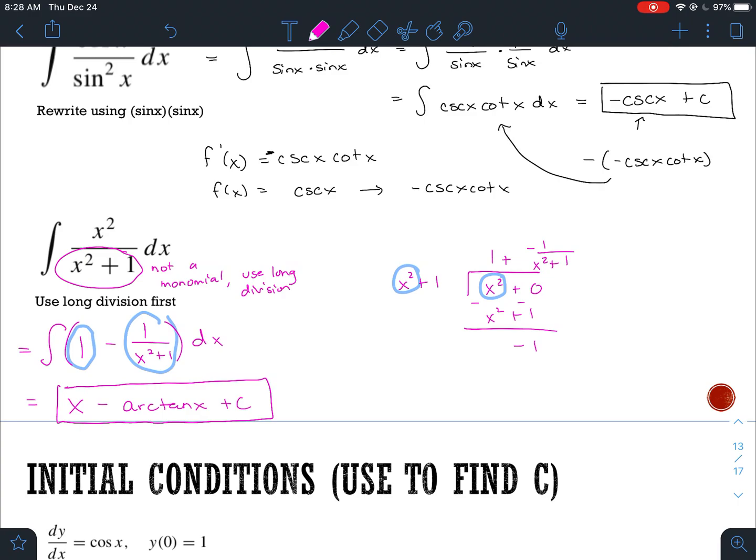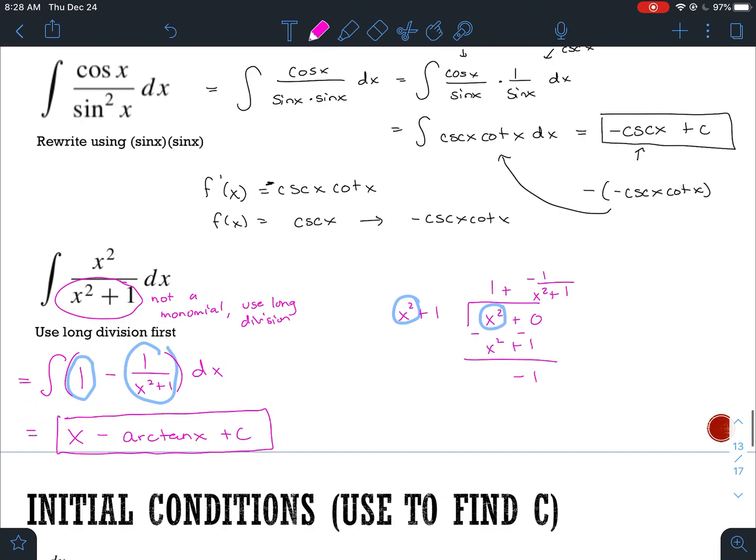Sometimes you might need to use long division in order to simplify the inside of the integral so you can take the antiderivative. All right, so those are indefinite integrals. The big thing is to remember to add c to the end of all of them if they're indefinite integrals, and you're probably going to want to review all the different derivatives that we've taken.